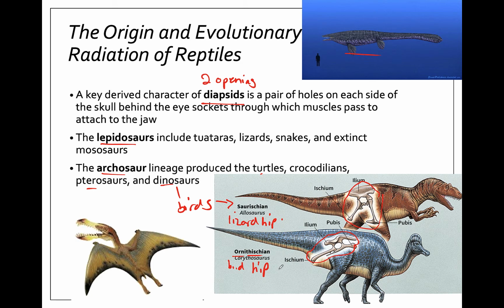The ornithischian dinosaurs tended to be more of the herbivores that walked on all fours, things like triceratops that had structures to help protect them against predators. And then the saurischian dinosaurs tended to be the carnivores, the two-legged bipedal dinosaurs, so things like Velociraptor. This is an Allosaurus, Tyrannosaurus rex. And these would have been very quick and mostly meat-eating.